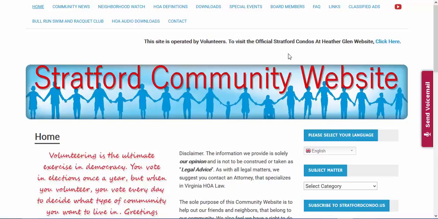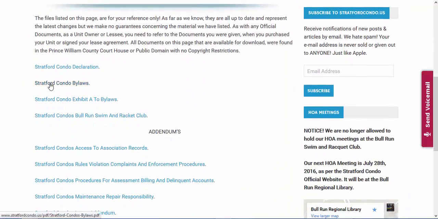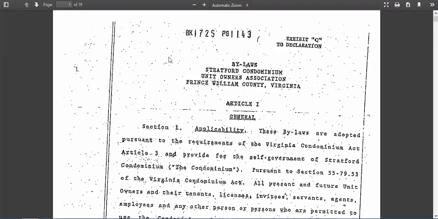Okay. And we're trying to do this as basic as we can, the two types of proxies. So up on the website, if we go to downloads, and we're going to find out where this is in our own documents, and we're going to come down to our bylaws, and you'll hear me refer to two different pages when I do these videos, and even when I write. If you look at the very top, it says Book 1725, page 1143.